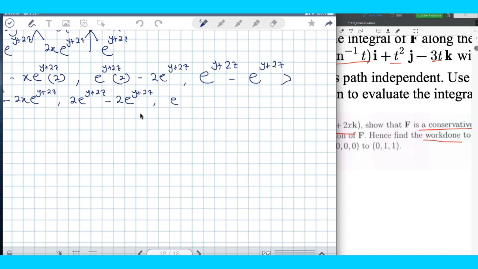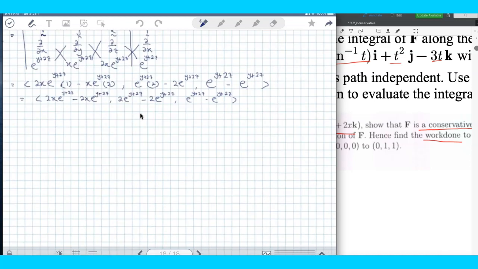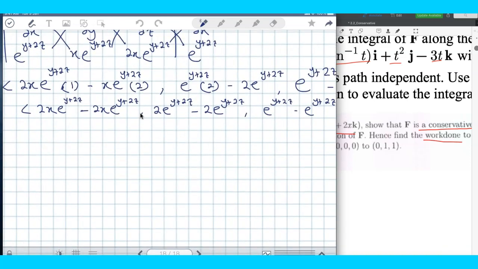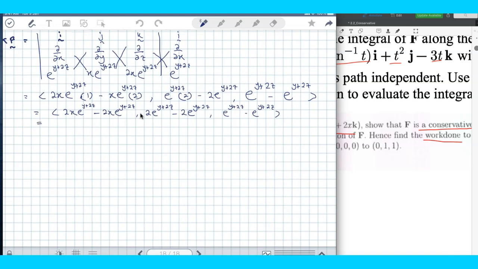And the last one, e to the y plus 2z minus e to the y plus 2z. Then we obtain that the curl of F is 0. So we can conclude that F is a conservative field.